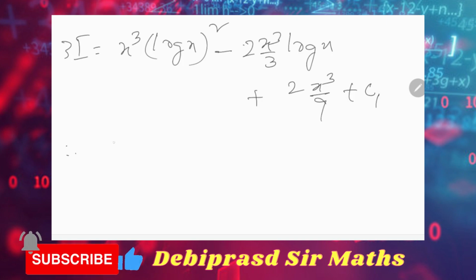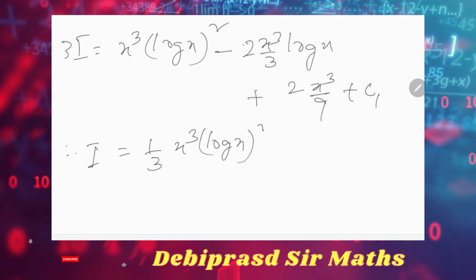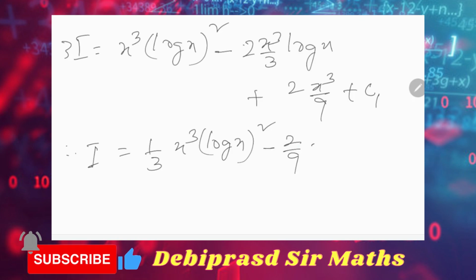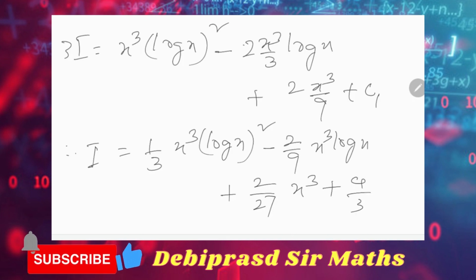Therefore, I is equal to 1 by 3 x cube log x whole square minus 2 by 9 x cube log x plus 2 by 27 x cube plus c1 by 3.